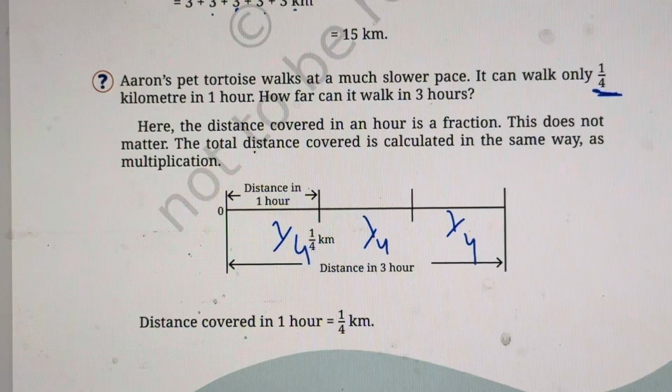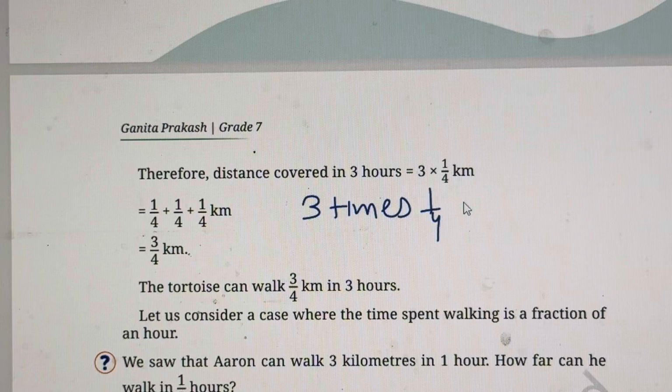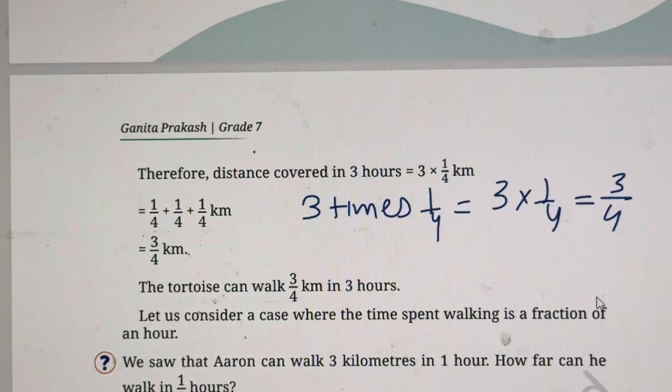So either you add 1 upon 4 plus 1 upon 4 plus 1 upon 4, or it is 3 times 1 upon 4, that is 3 into 1 upon 4, which becomes 3 ones are 3 upon 4 kilometers. The tortoise can walk 3 upon 4 kilometers in 3 hours.